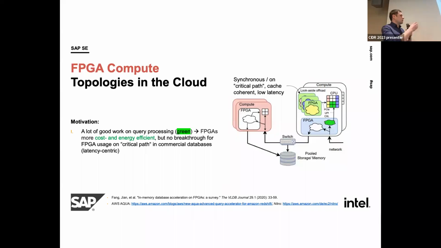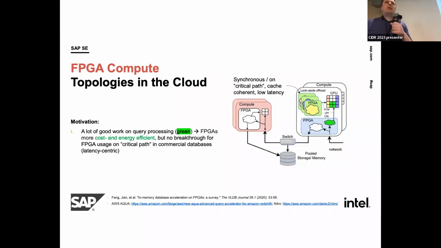But when we look especially at FPGAs, basically three types are currently used, or at least researched, and some of them are used in practice. The first type, marked in green there, is about using FPGAs very close to the CPU.